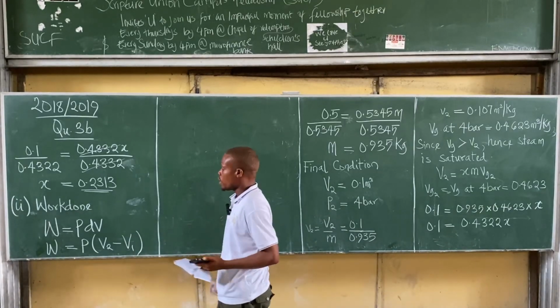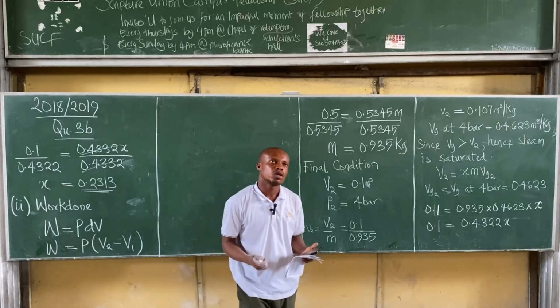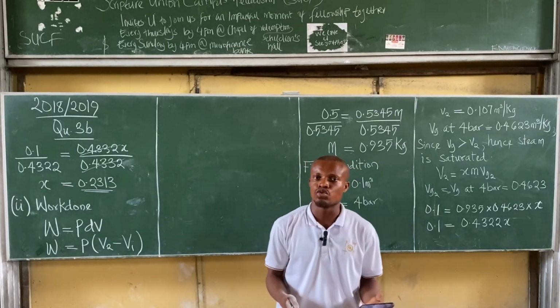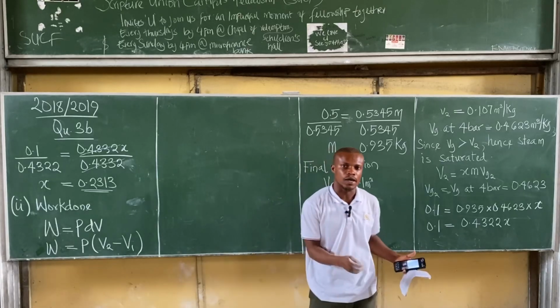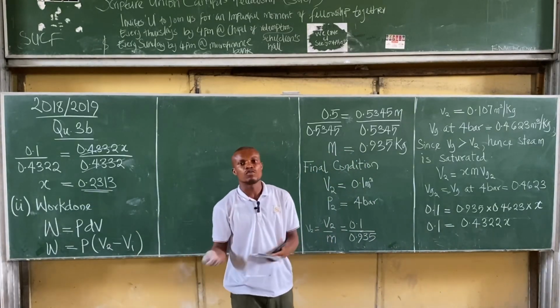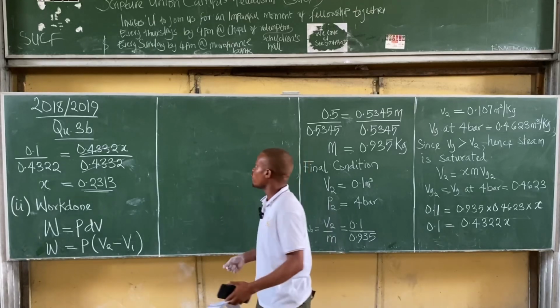Mind you, I said you don't work with your pressure in bar. So if you're given a pressure in bar, you convert it to Pascal or Newton per meter square. In converting to Pascal, you just multiply by 10 raised to power 5.